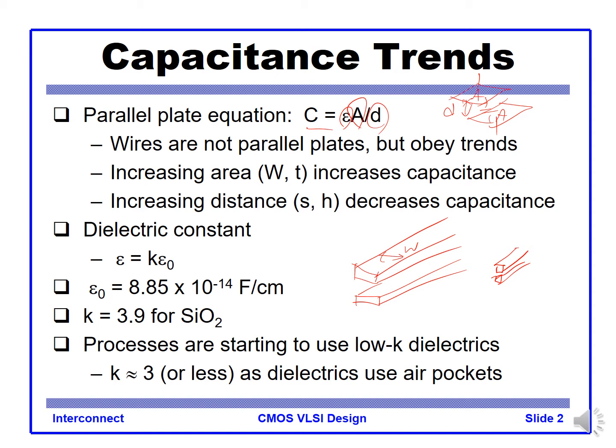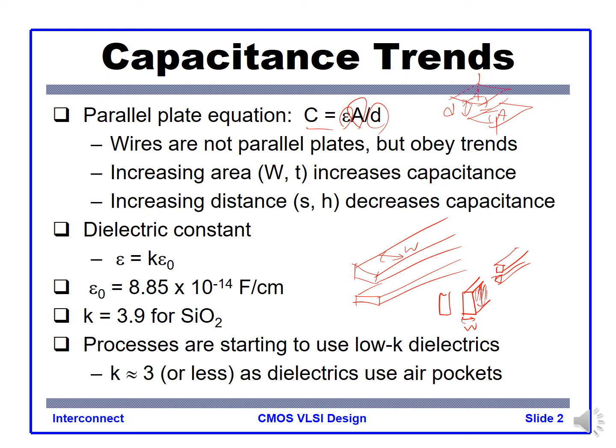But what we can see is that for the finer processes, the metal structure has this kind of dimension, where the side area, rather than the width, is very thick.